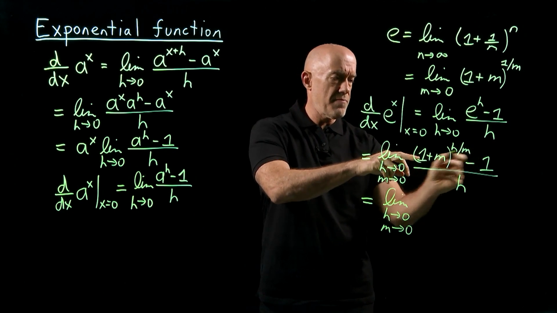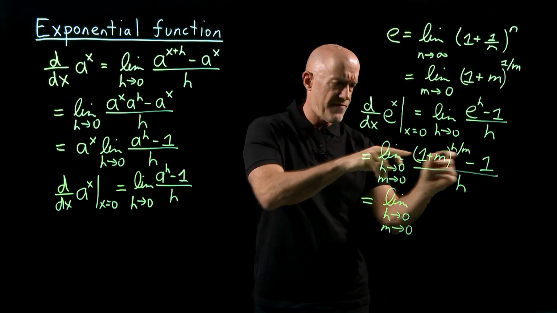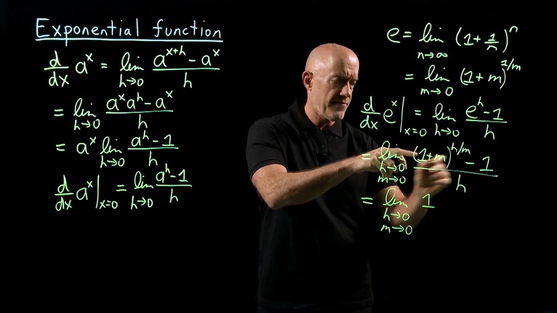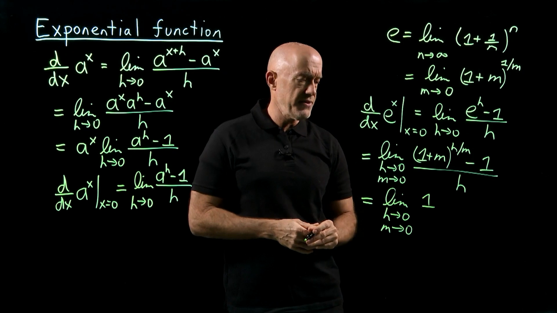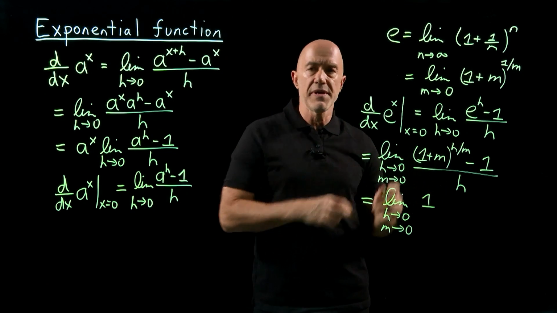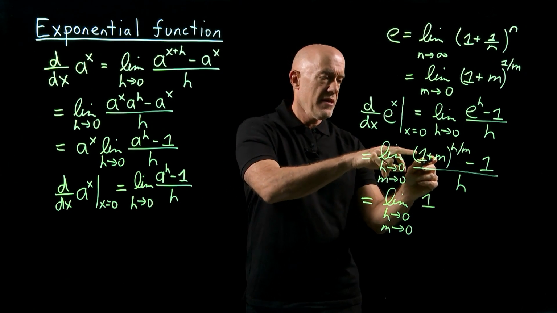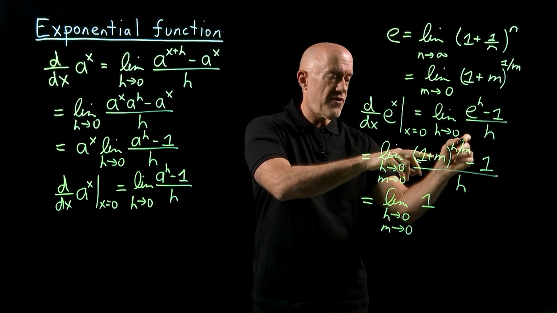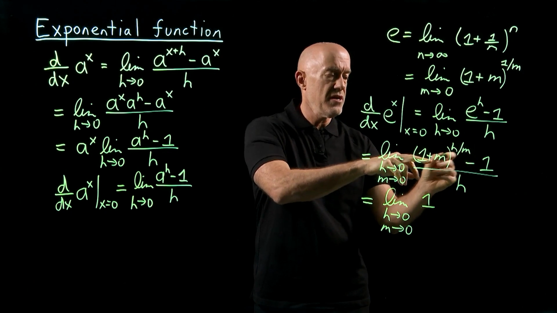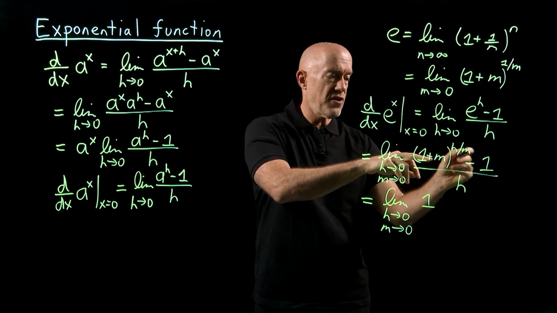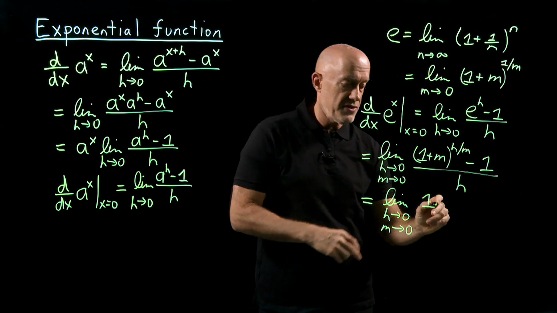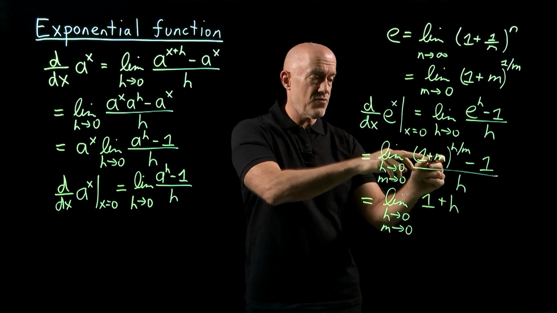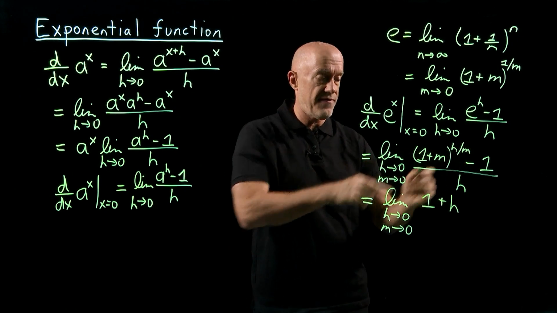So if we do a binomial expansion here, the first term would be 1, right, multiplying itself h over m times. The next term would be linear in m, so it would be h over m, this is an integer, times m. h over m times m is just h. And then the next terms will have higher powers of m.